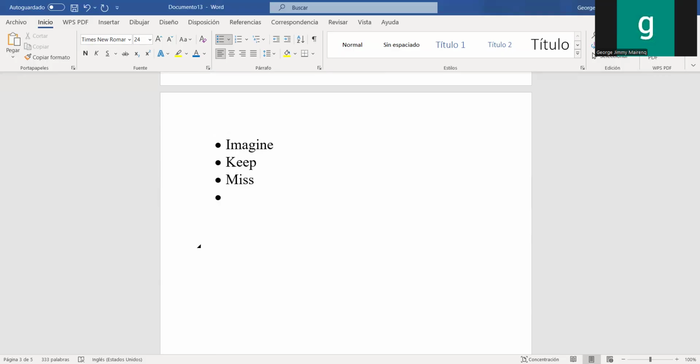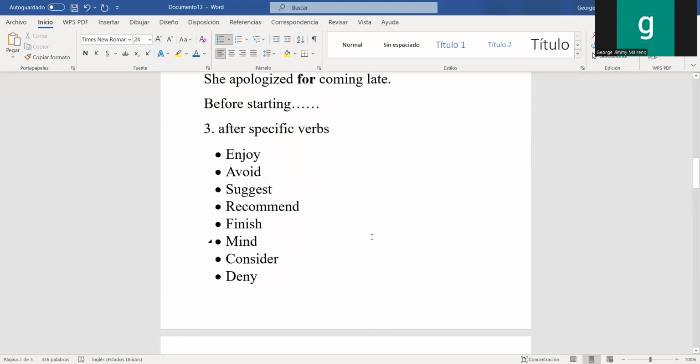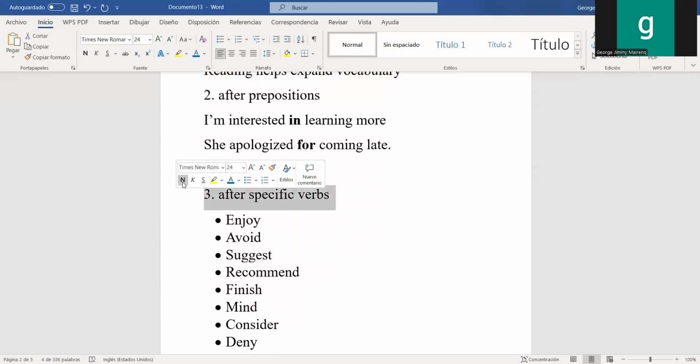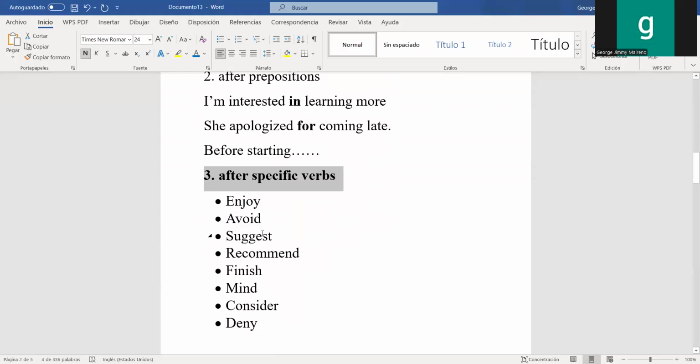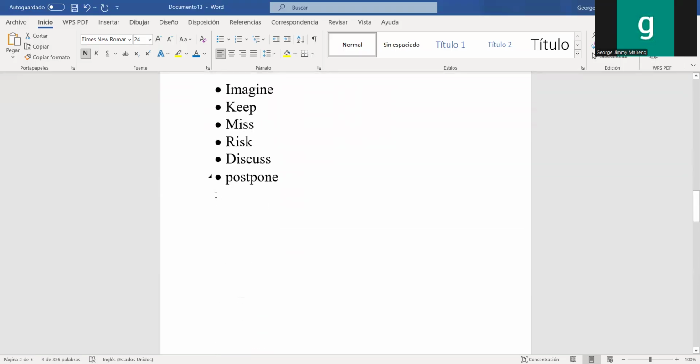We also have risk, discuss, and postponed. I'm not saying, folks, that just after these verbs we can use the gerunds, because there are plenty of verbs that can be used with the gerund form, but these are some of them, okay? Questions so far?